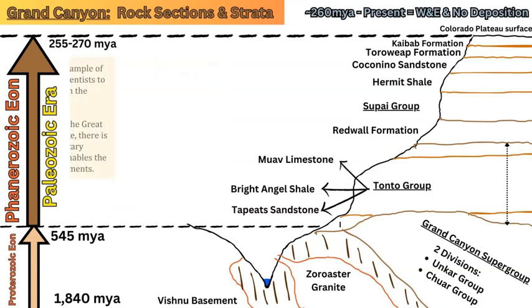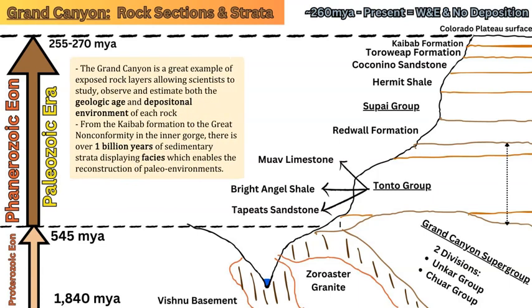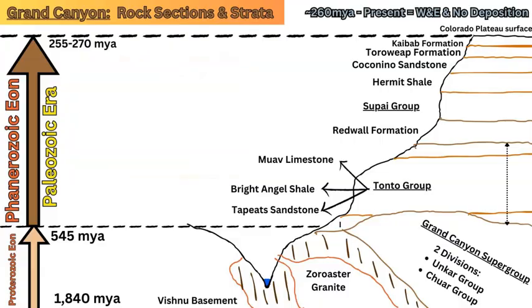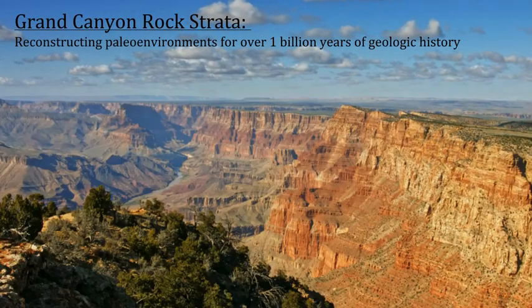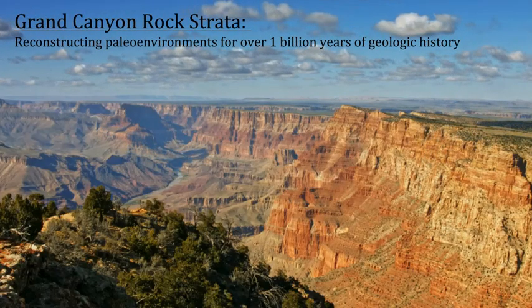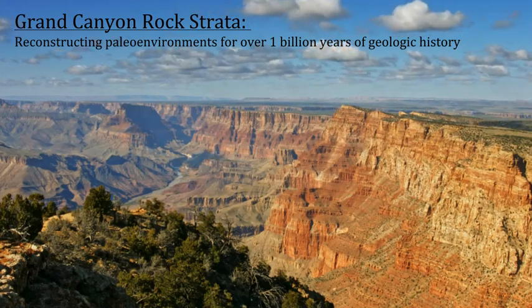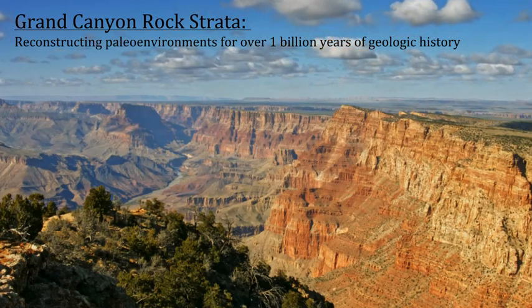So as an overview, the Grand Canyon's rock strata or rock layers are fascinating because you have this basement rock of orogenies and metamorphic and igneous suites overlain by over 1 billion years of sedimentary strata that represent and reconstruct different environments that have occurred over this period in this location as the whole North American continent has moved through convection currents and plate tectonics across the Earth's surface.